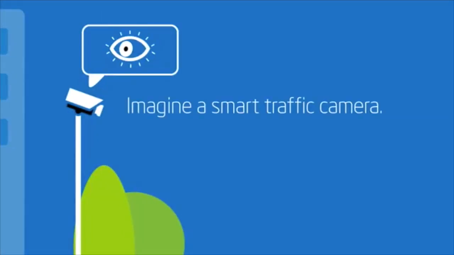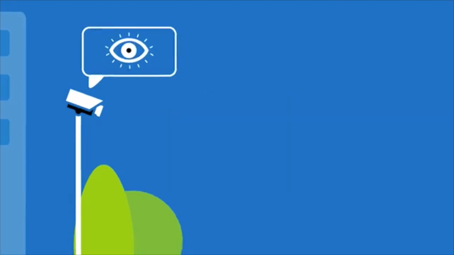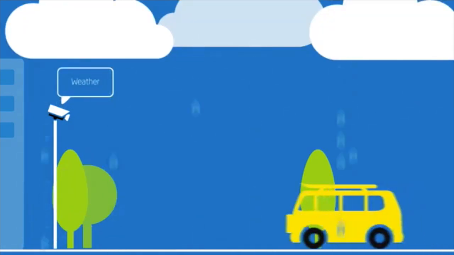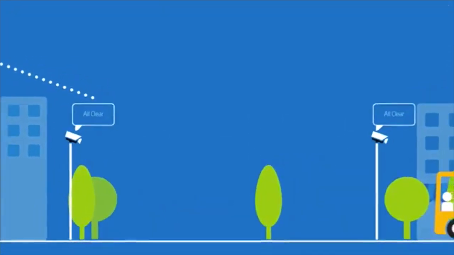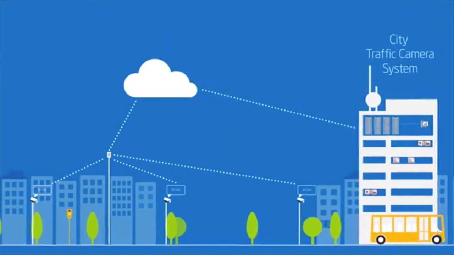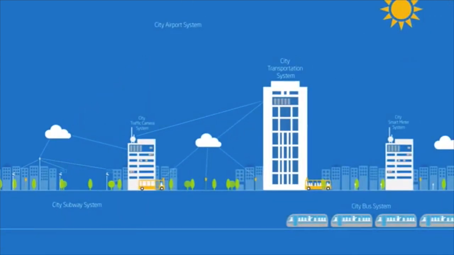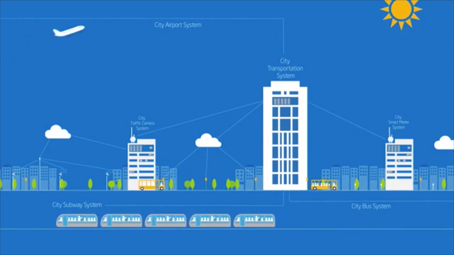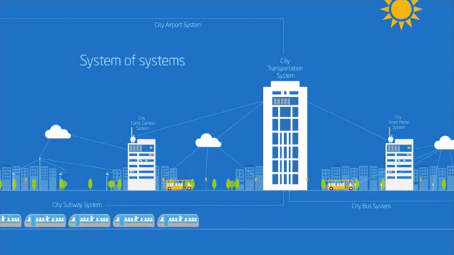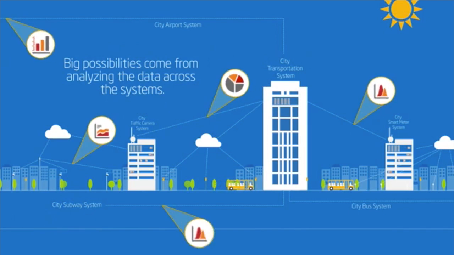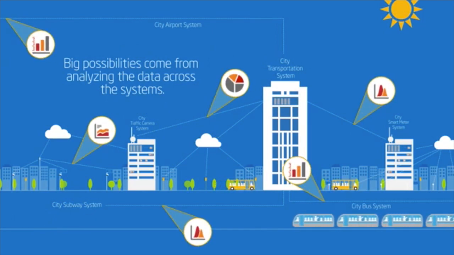Here's an example of the big picture. Imagine an intelligent device such as a smart traffic camera. The camera can monitor the road for congestion, accidents, and weather conditions, and communicate that status to a gateway that combines it with data from other cameras, creating an intelligent citywide traffic system. Now, imagine that intelligent traffic system connected to other citywide transportation systems, which get data from their own intelligent devices, creating an ever larger intelligent system of systems. The really big possibilities come from analyzing the end-to-end data across that system of systems.